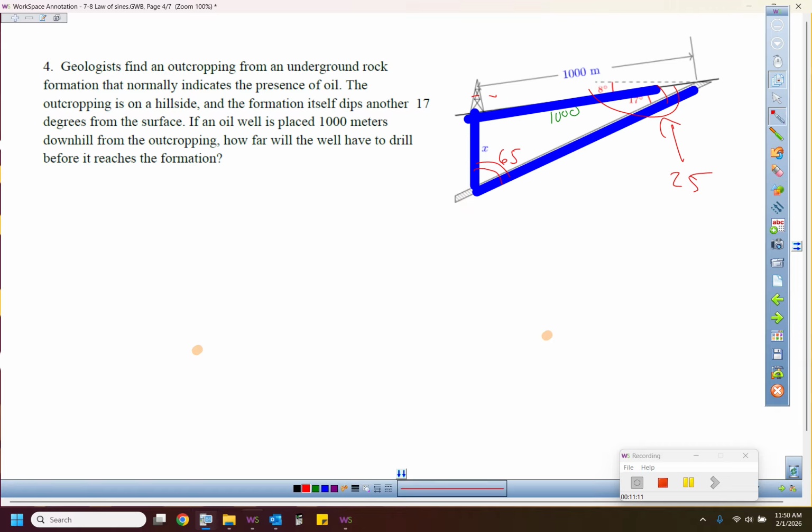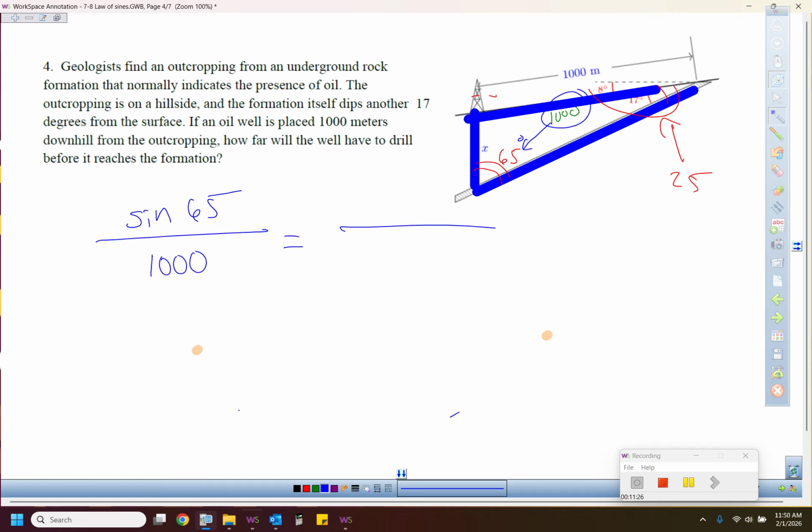Now we can use the law of sines to figure this out, because we still have one side length. I have this 1,000 with the 65-degree angle, so I'll do the sine of 65 over 1,000, and that will equal, if we go with the x, let's use green so we can see stuff here, x is this side. It's across from that 17, so the sine of 17 over x. What a cool, tricky problem that is.